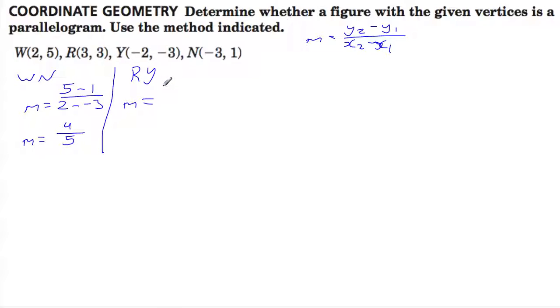So 3 minus a negative 3 over 3 minus a negative 2. If I compute this, I get 6 over 5. Here you can see already these are not the same slope. Because these are not the same slope, right there I know this is not a parallelogram.